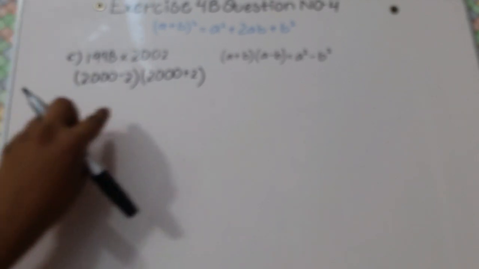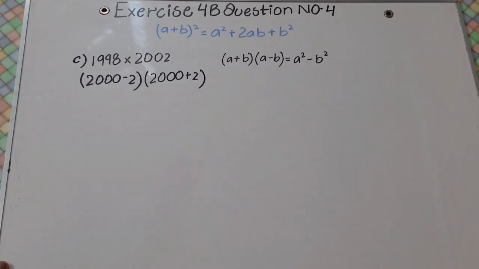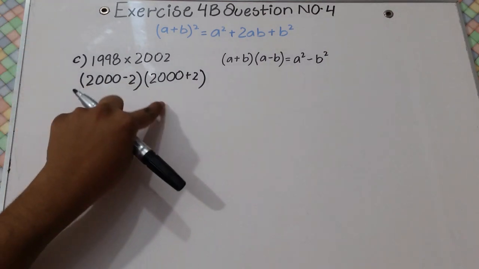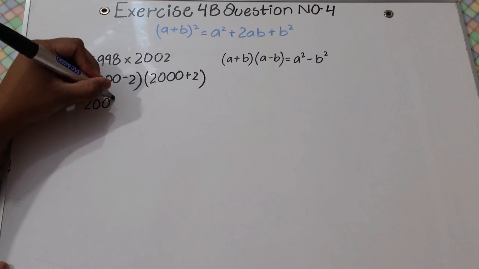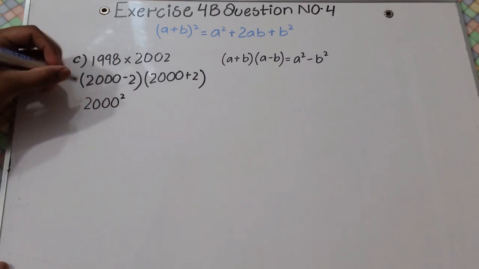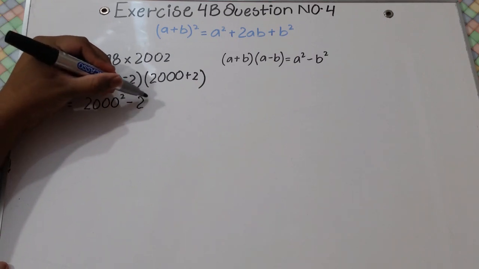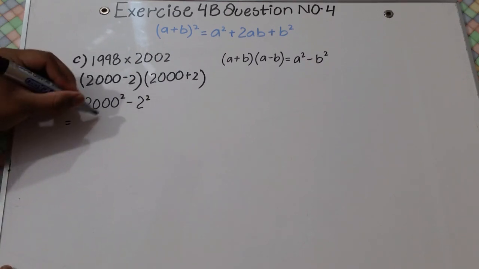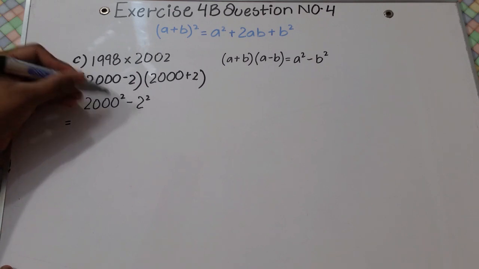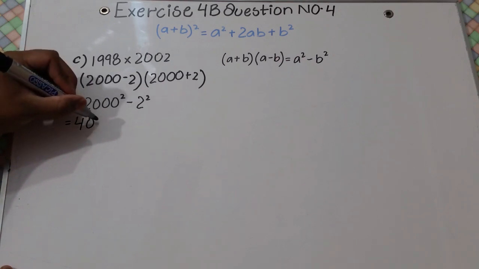Now we have made both the values in the form of brackets, so we can write in square form also. We are having 2000 so we can write it one time as 2000 square, because if we multiply, it would be square obviously, and minus plus is minus 2 square. Then I'm going to take out their squares. The square of 2 is 4, and the square of 1000 would be 4 lakh.